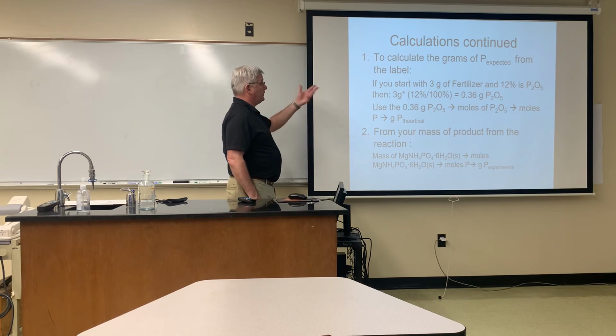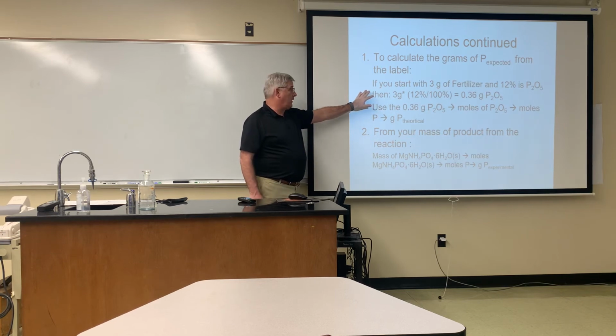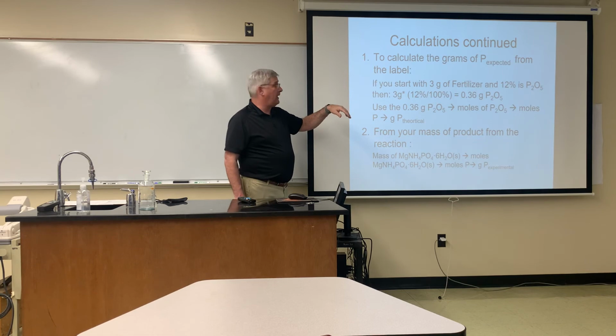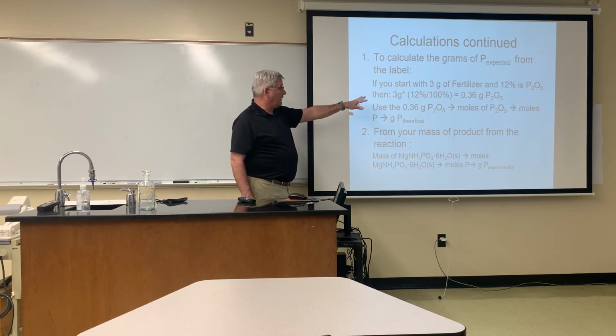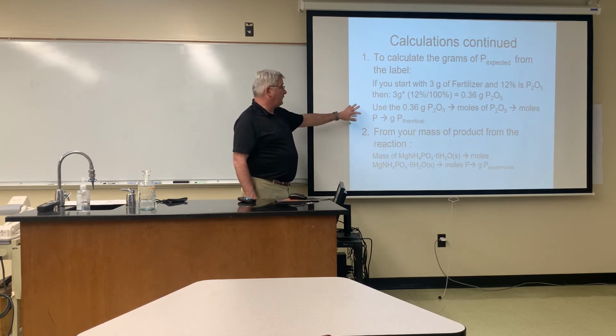And so what I suggest, this is just to help you do the math. If you, for example, start with 3 grams of your commercial fertilizer, remember that if it's 12% P2O5, and so if you multiply the 3 grams times the 12%, you would get 0.36 grams of P2O5. That's the amount of that in your fertilizer. And then you have to do a mole conversion.